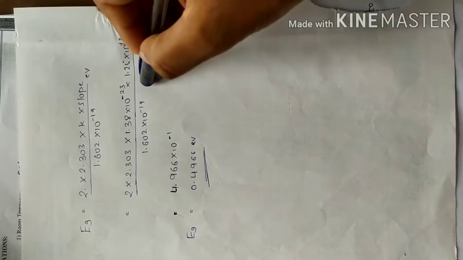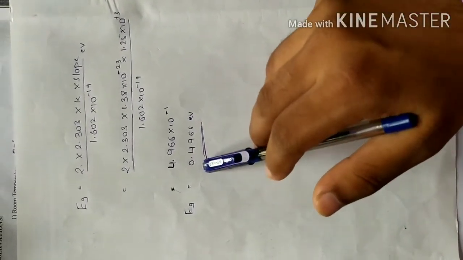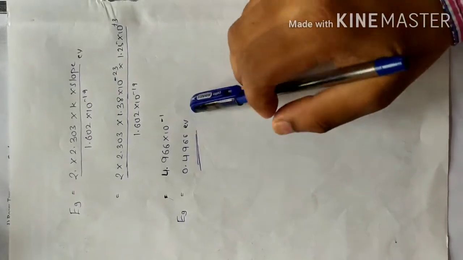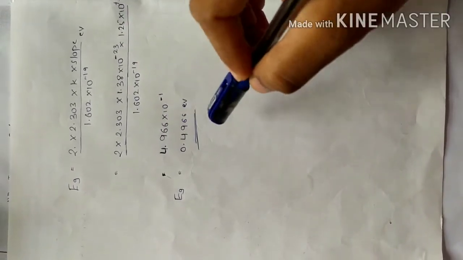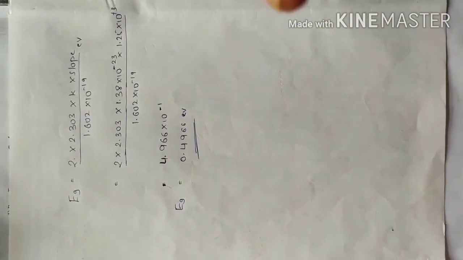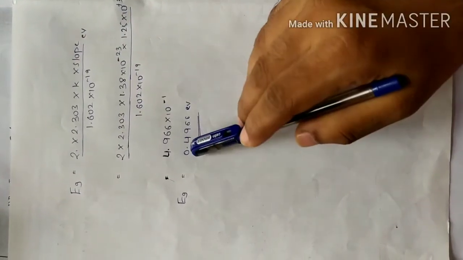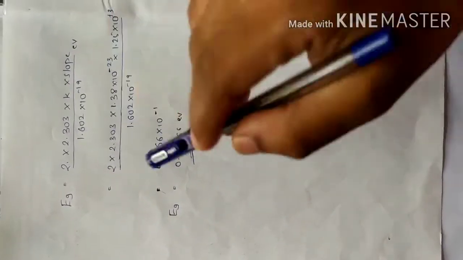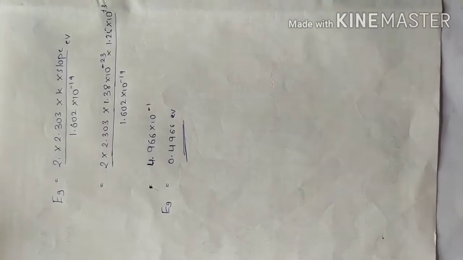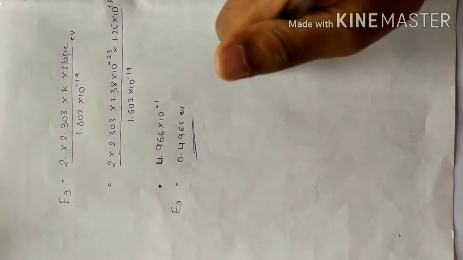I have tabulated all the values and I have got the energy gap, which is equal to 0.496 electron volt. It means that the energy required to jump the electron from the valence band to the conduction band in this thermistor is about 0.4966 electron volt, and this energy gap varies from thermistor to thermistor and semiconductor to semiconductor, and it can also be varied with the help of adding impurities.